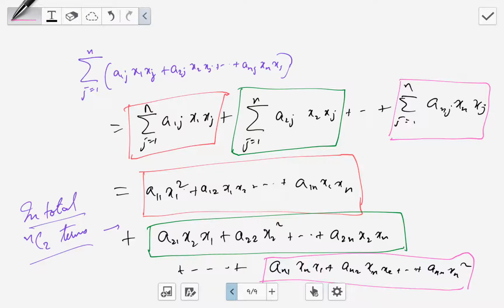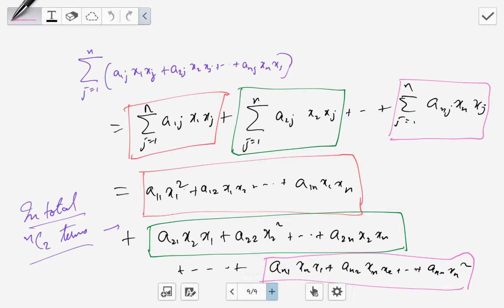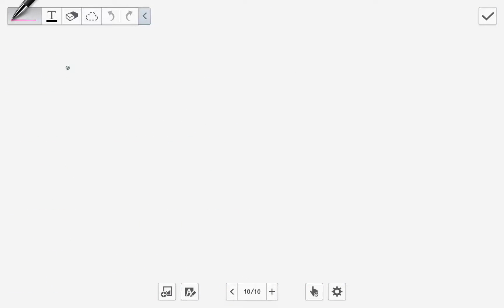So in effect we can write the quadratic form in this way. That is y is equal to sigma aij xi xj, 2 sigmas, i from 1 to n, j from 1 to n. Fine. Do you see this?